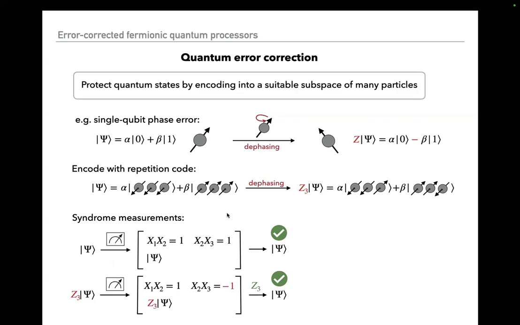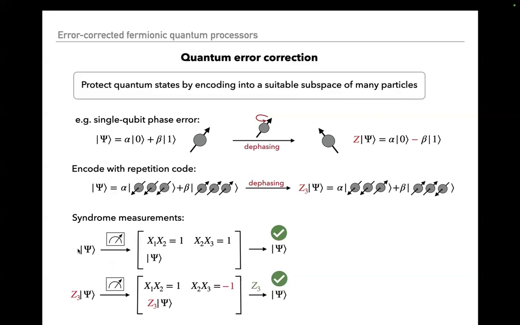Now there's a measurement that you can do: you measure syndromes. Here you take products of two Pauli operators: one operator, which is the product of Pauli X at positions 1 and 2, and the product at positions 2 and 3. These two operators commute, so you can simultaneously measure them and get a well-defined measurement outcome.